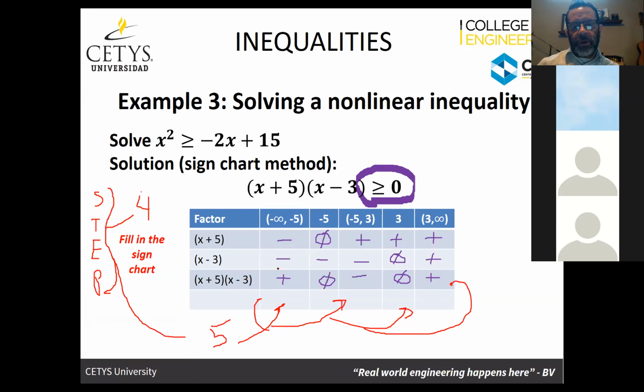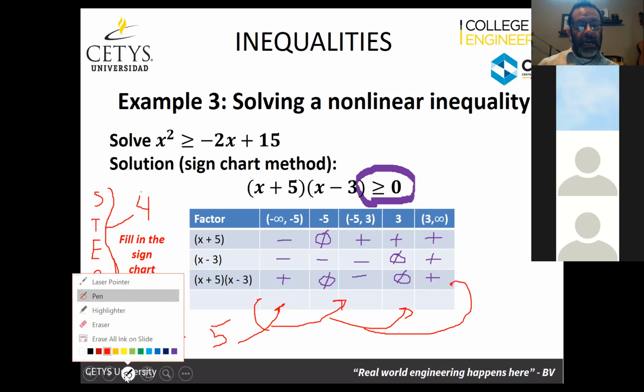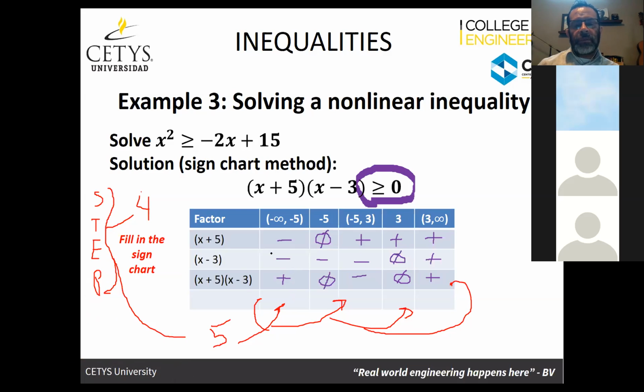Let's look at the first one. Is the first one larger than or equal to 0? The minus infinite to minus 5, yes or no? No. It's not? Yes. It's positive. Yes. We're looking at this part here, which is the product. So if it's larger than or equal to 0, this means that we're looking for things that are positive.